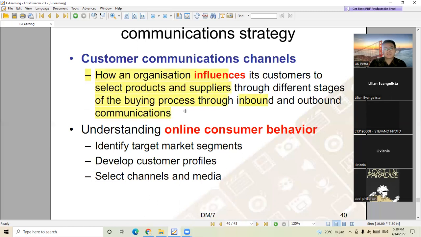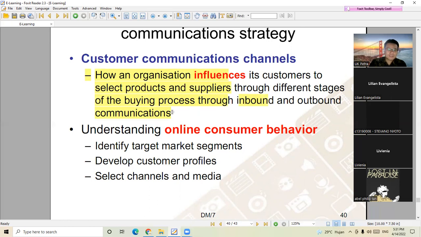In other words, how the companies can affect their customers in buying their products, in any communications they choose, and whether those communication channels are effective or not.